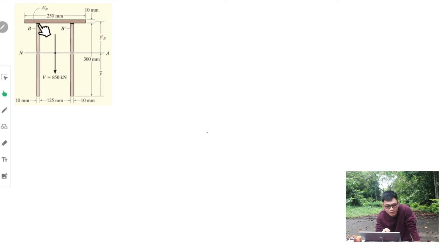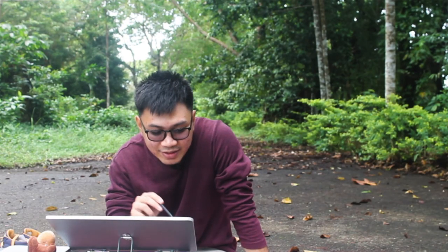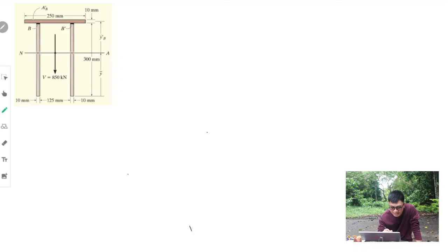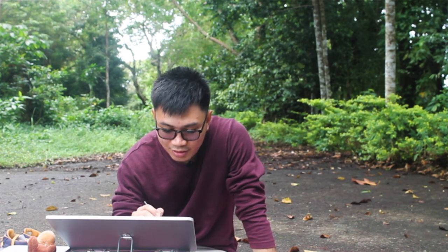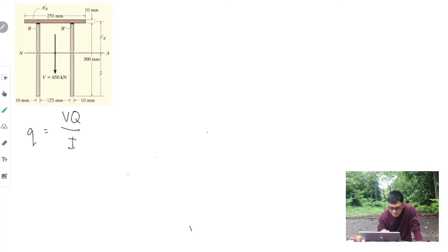So we have to look for the shear flow at these black portions. Again, the formula for our shear flow is q = VQ over I. Since V is already given, we have to look for the Q and we have to look for the I.